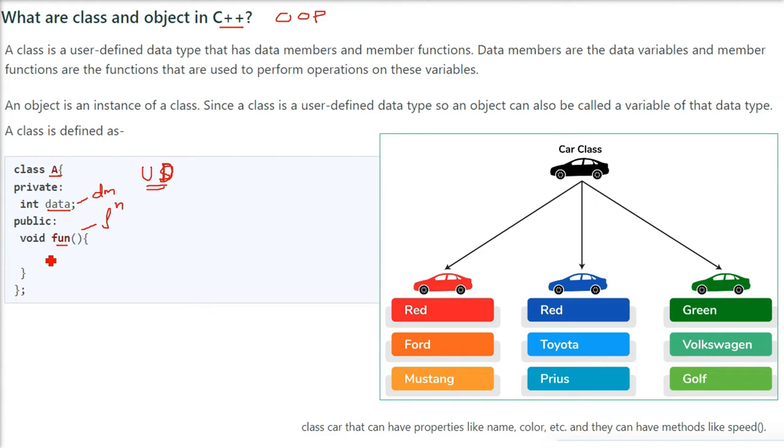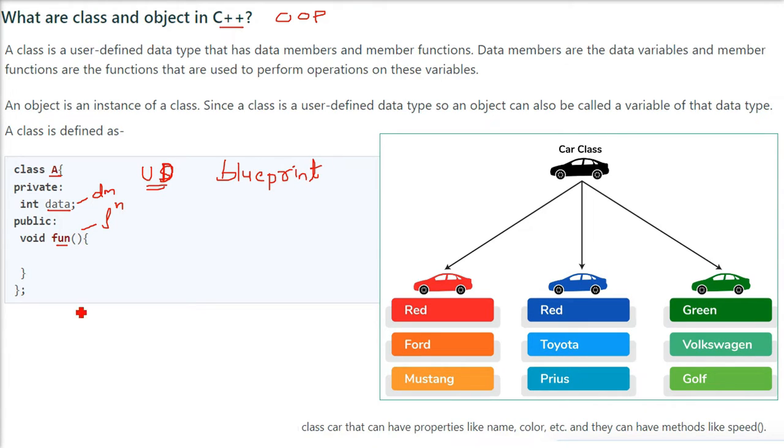So what is the object? It is an instance of this class. The data variables and the functions are part of a class. They are inside a class. They are encapsulated in a class. So this capsule is a blueprint, an entity which is a single unit, you can say.